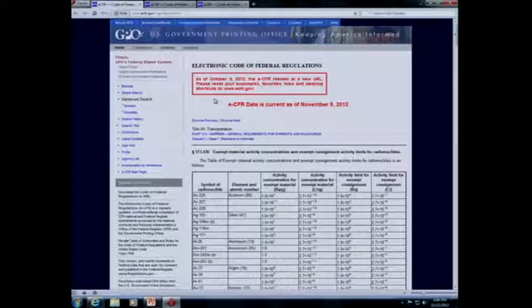It is a table, and it lists all commonly used or transported radionuclides. That would be here. It gives you the element and atomic number for it. And what this is, it lists out the activity concentration or the specific activity, right? Concentration per, or activity per gram. And it's in becquerel per gram or curie per gram.